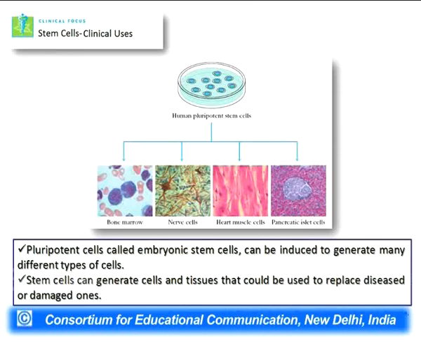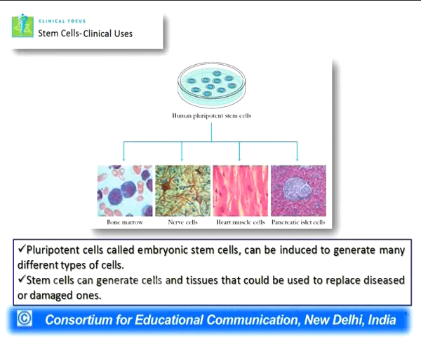Like a patient who suffers from cardiac arrest or a cardiac problem, if there is some problem in the heart muscle cells, we can easily generate these heart muscle cells from in vitro human pluripotent stem cells and replace them in the patient where damage or disease has occurred.